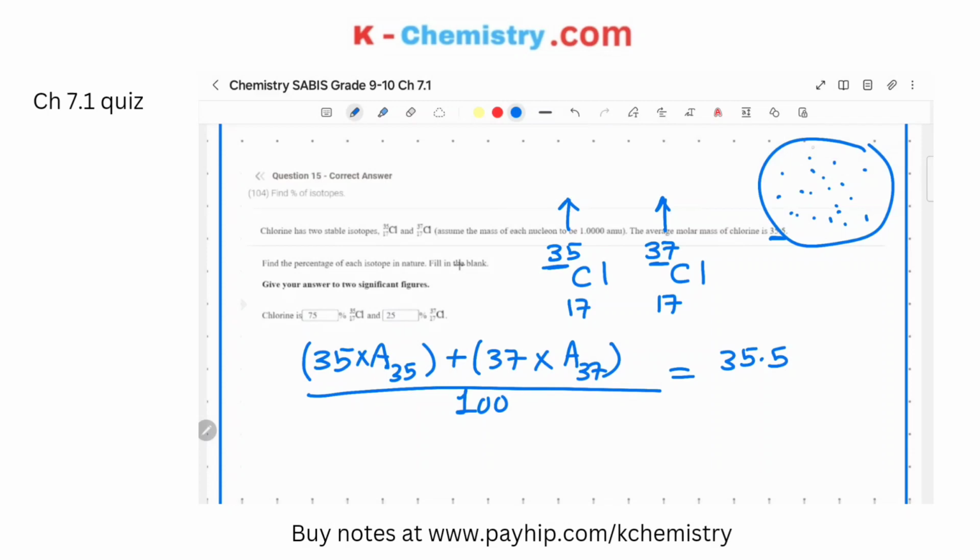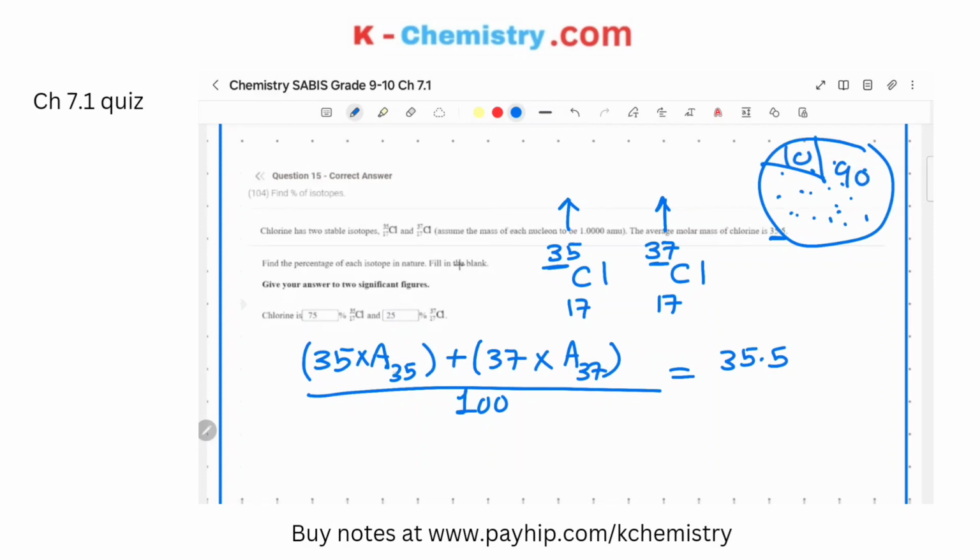If the first one is 25%, what will be the other? The other one will be 75. If the other one is 50%, what will be the other one? 50%. If one of them is 10%, what will be the other one? 90%.